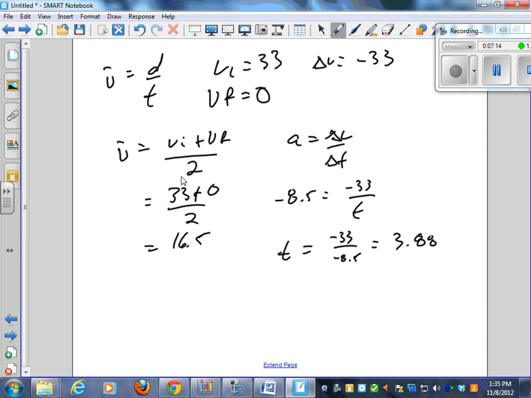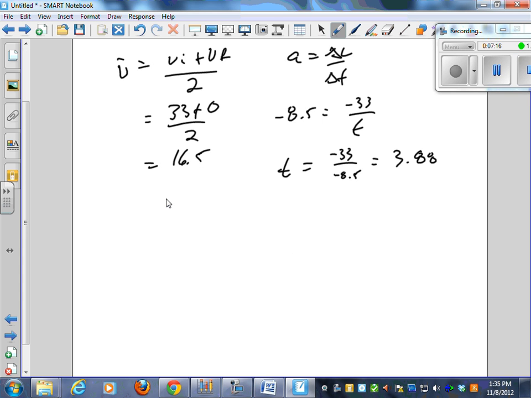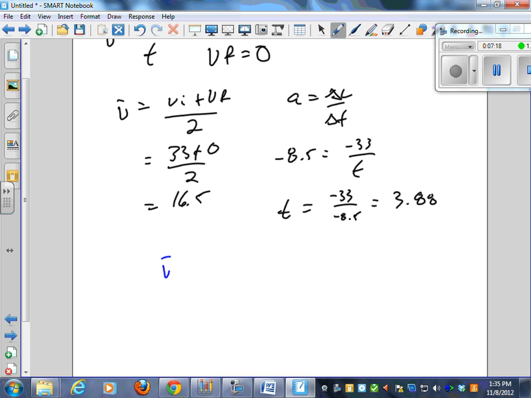Okay. And now that we've got our time and we've got our average velocity, V bar is D over T. 16.5 is my D over 3.88. And I get a displacement of, somebody help me out here, 3 times 16.